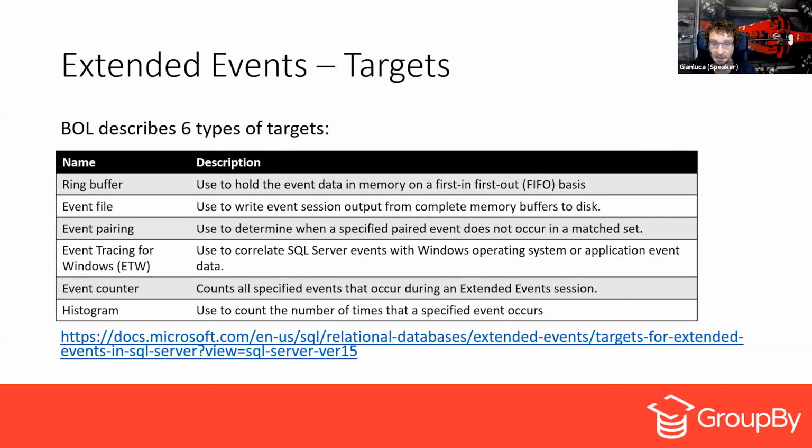So we have the event counter that simply counts all the events that you throw at the target itself. So it will give you just a number. And then we have the histogram target that groups the events before counting them. So you can use one of the fields or actions to group by that particular field or action before counting. So you will have one number for each of the values in that field or action.